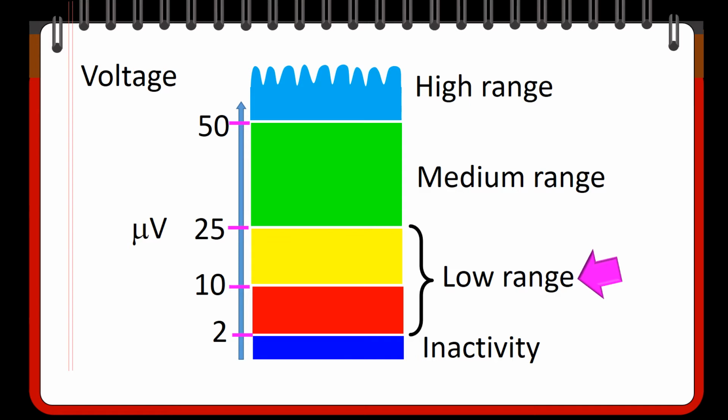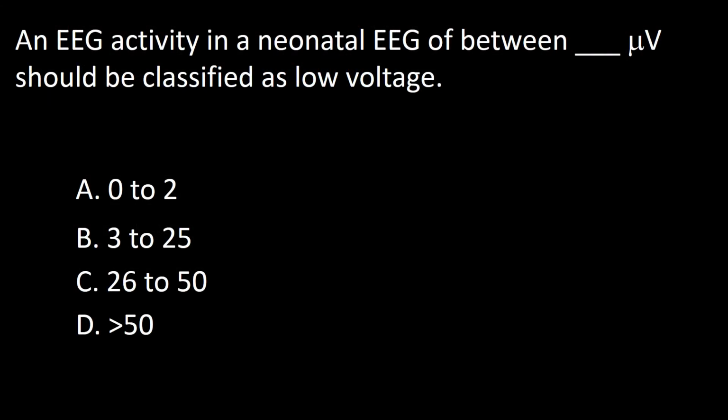Some authors, if the amplitude is less than 10 microvolts, that is from 3 to 10 microvolts, use the term very low voltage for that small group. EEG activity from 25 to 50 microvolts is called medium range activity. And above 50 microvolts, it is labeled high voltage range. So the answer to this question is B.